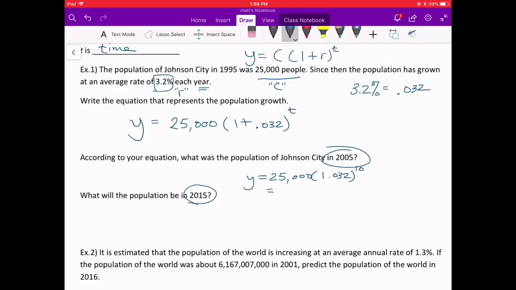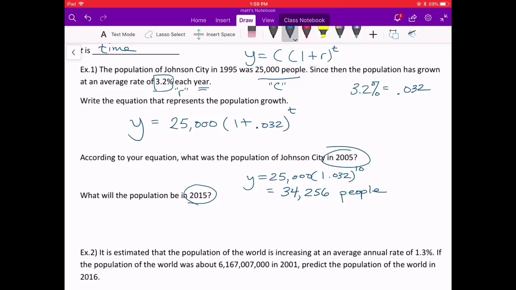So 25,000 times 1.032 to the 10th power. And my calculations gave me 34,256.026. Well, we're not going to have 0.026 people, so we're going to round down because we can't have a partial person. So 34,256 people in 2005.